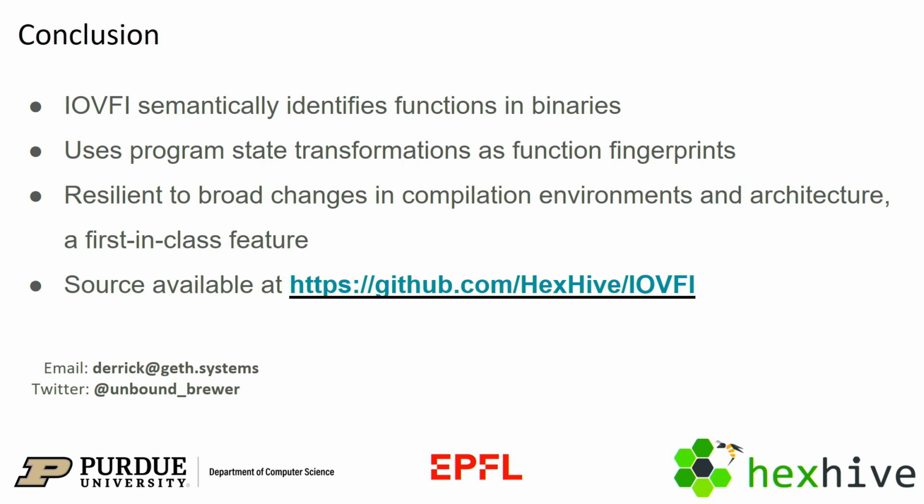Because the compiler largely guarantees semantic equivalence of functions as expressed by the source code, it's resilient to broad changes in compilation environments and architecture, which I should mention is a first-in-class feature for binary semantic identifiers. We've open sourced our prototype at the listed URL, and I'll be happy to take any further questions.